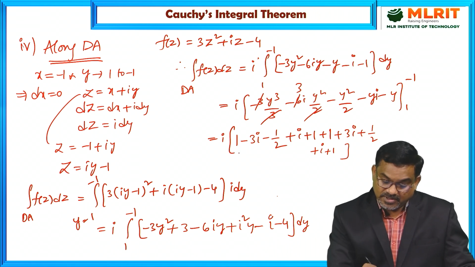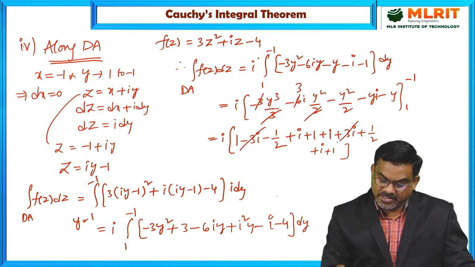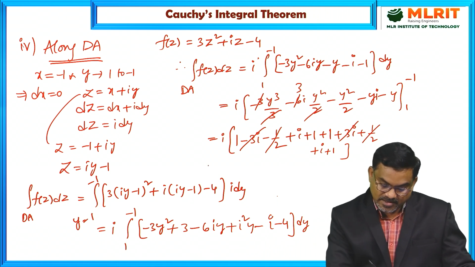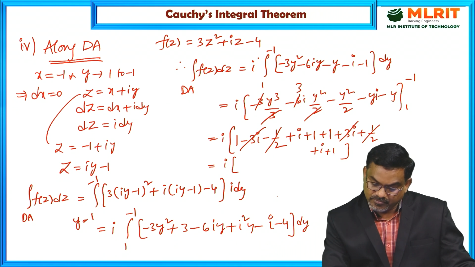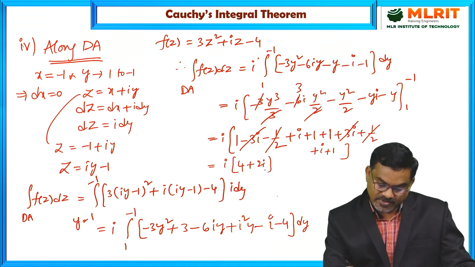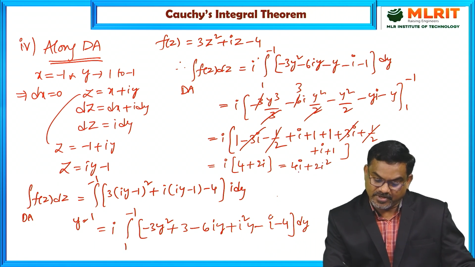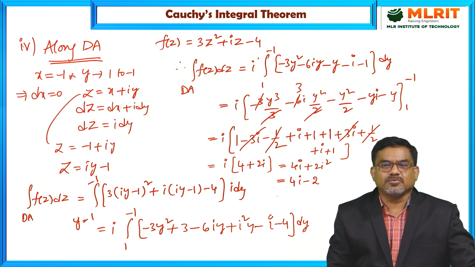Now here minus 3i plus 3i, minus half plus half, then i into 1, 2, 3, 4 plus 2i. So which is 4i plus 2i square, but i square is minus 1. So 4i minus 2.